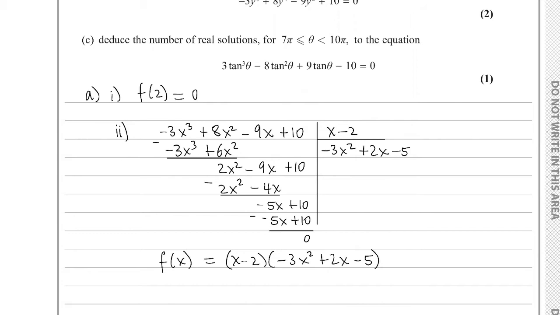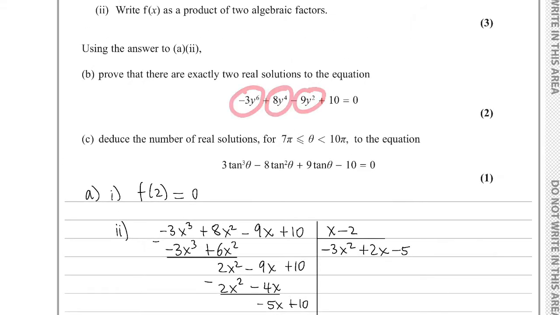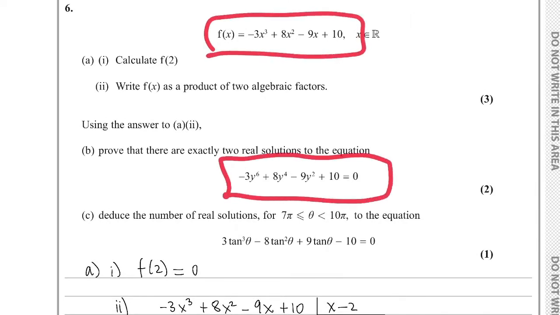We are then being asked to use our answer in part a(ii) to prove that there are exactly two real solutions to the given equation that involves y to the power of 6, y to the power of 4, y squared. It doesn't take long to realize that the relationship between f of x and the given equation is just x being replaced with y squared.